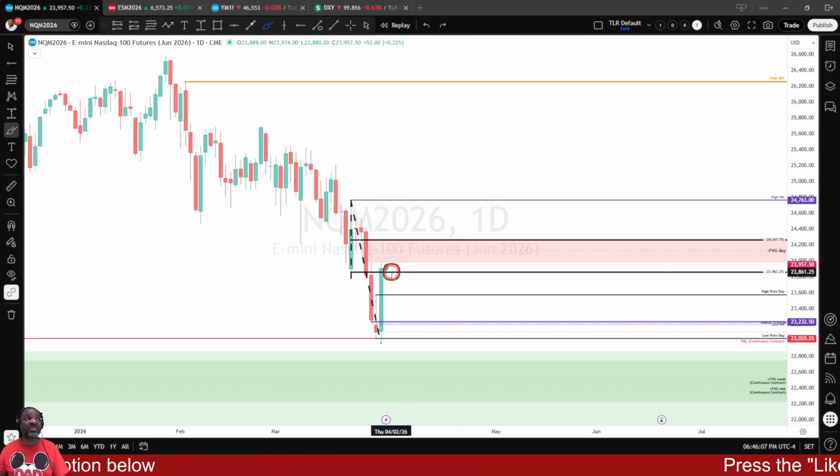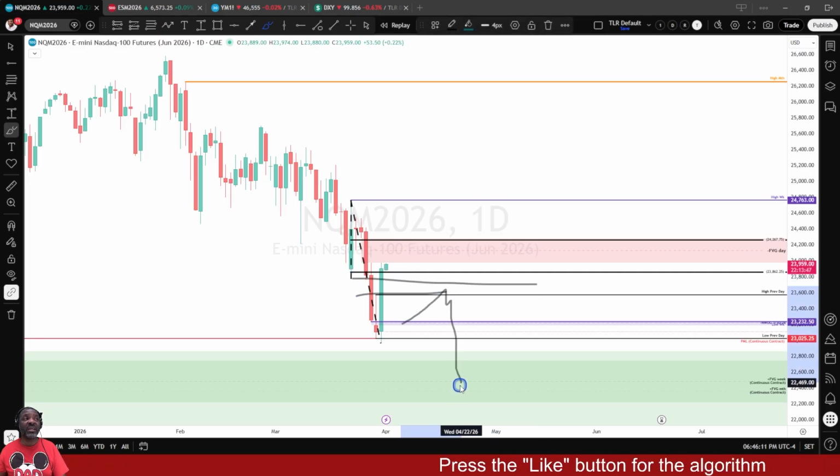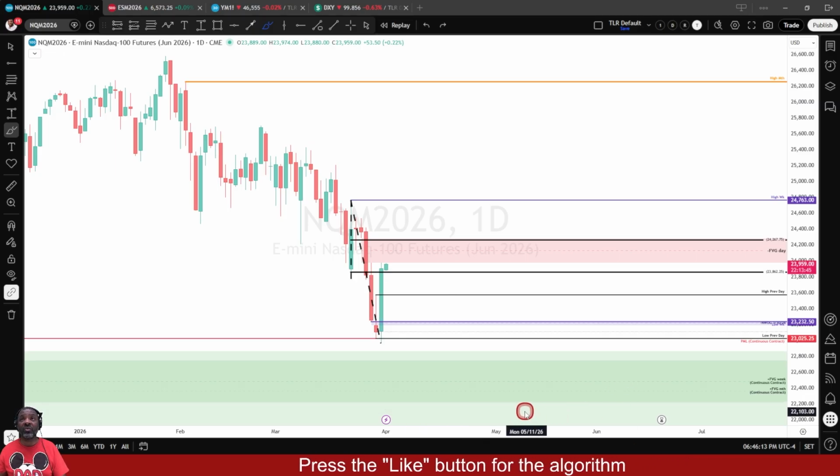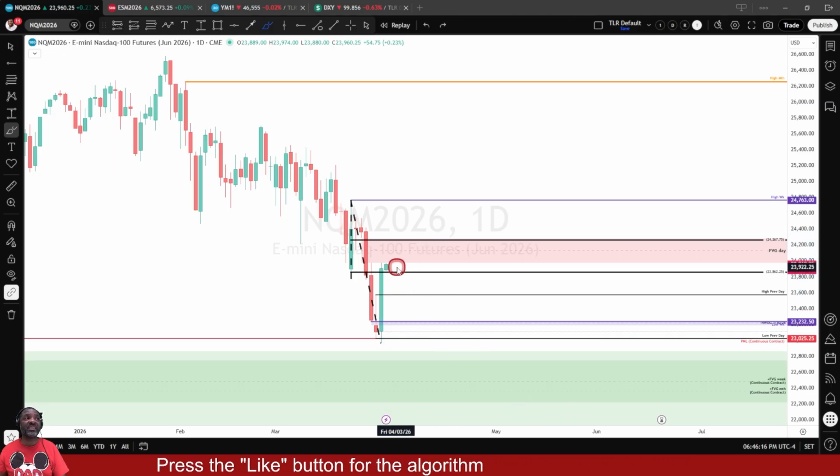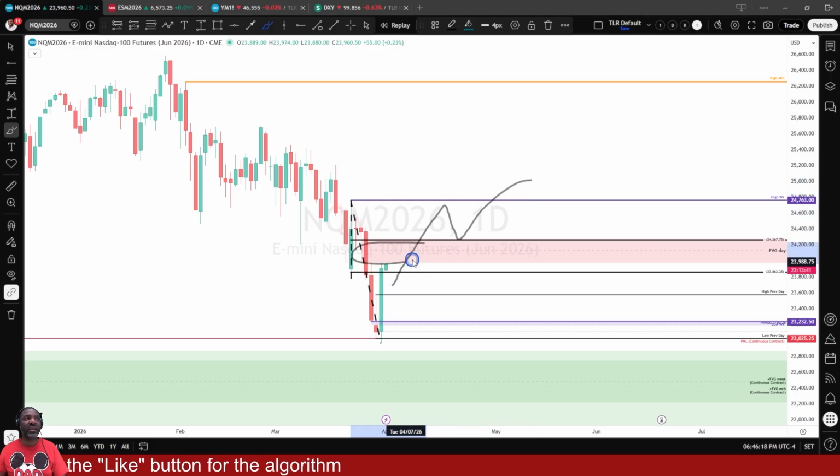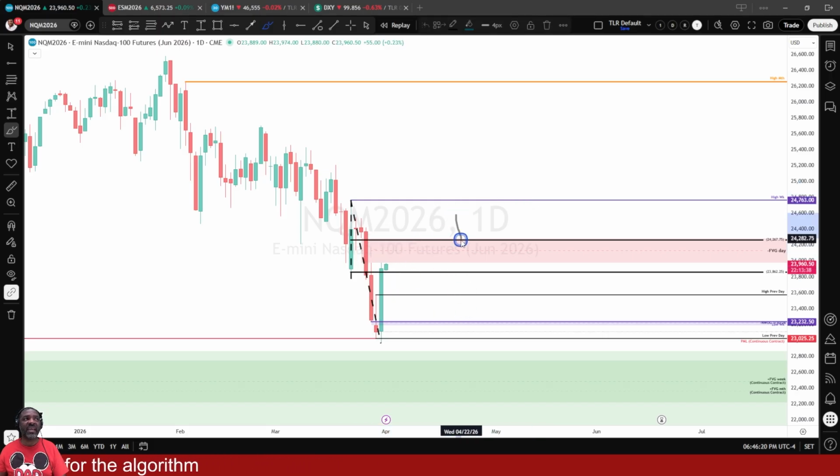We now understand: use this as resistance, use this as a reclaim and continue down, or lose this and use this as support as an inversion fair value gap to mount up and take off to the upside.